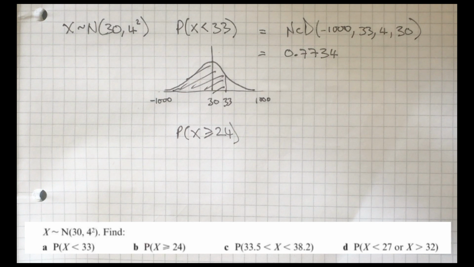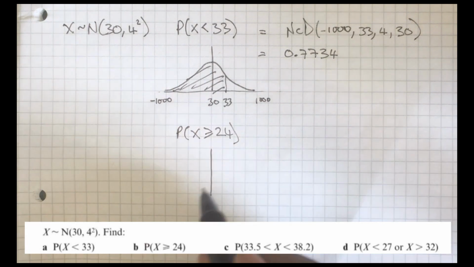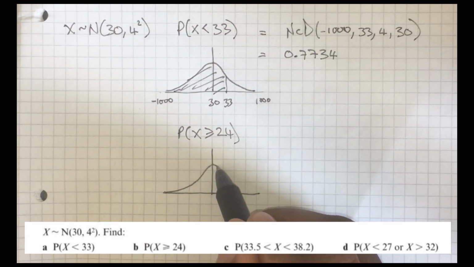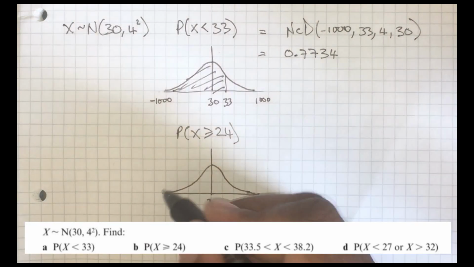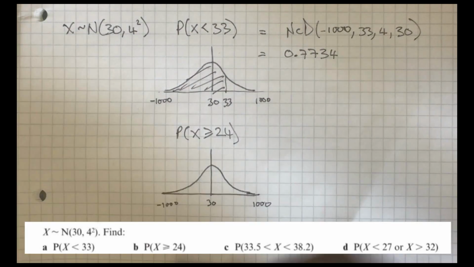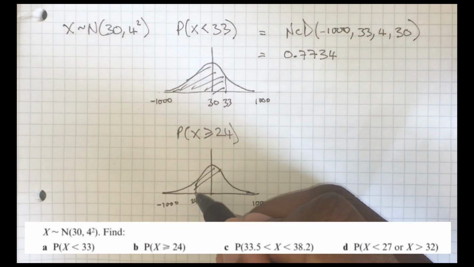Let's try another one. The probability that x is greater than or equal to 24. Okay, so let's do a diagram. I know the mean is the middle value, so that's going to be 30. I'm also just going to set my right tail as 1,000 and my left tail as negative 1,000. Any suitably extremely positive or extremely negative value will do in these situations once again.